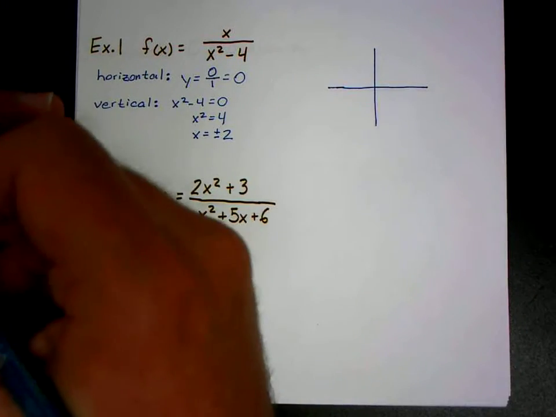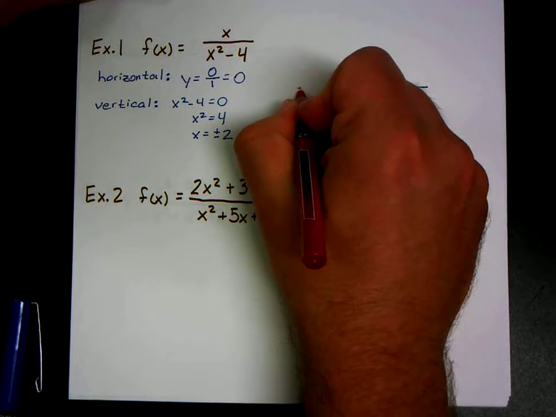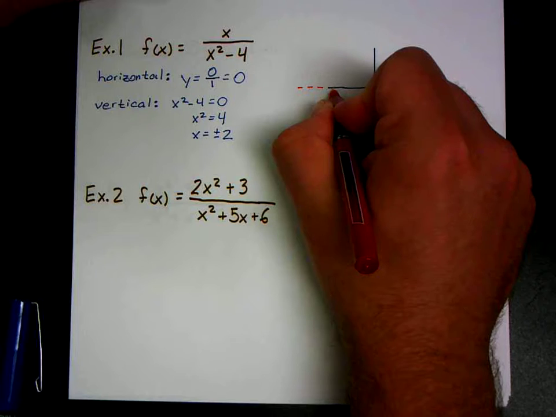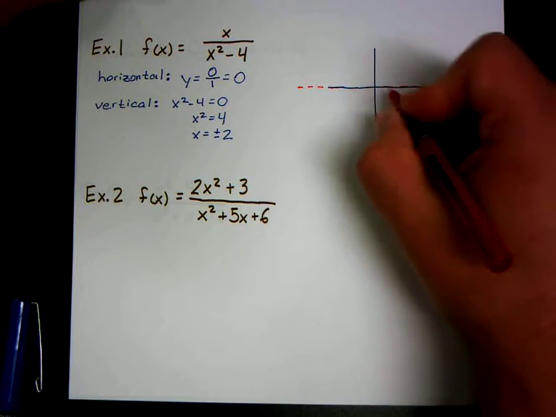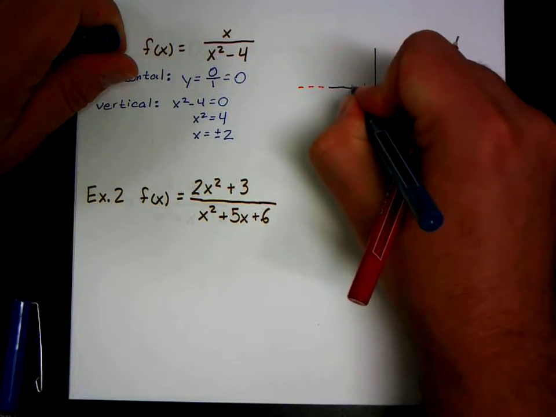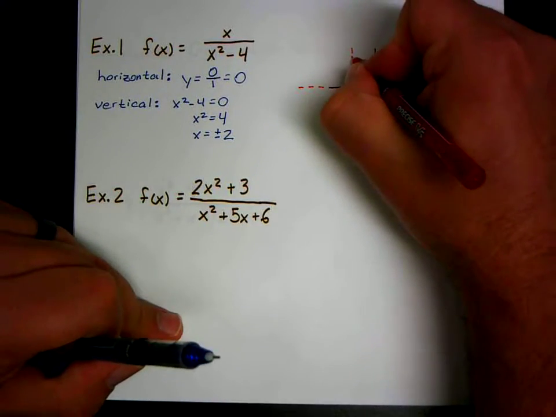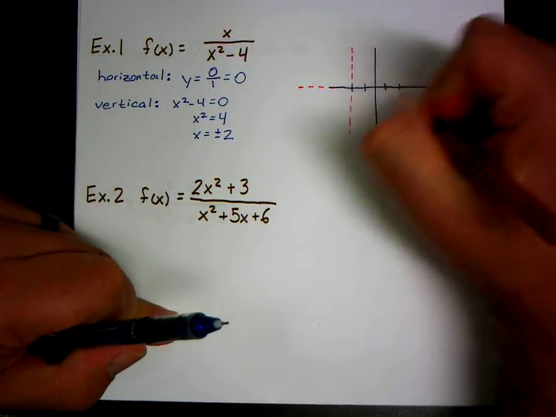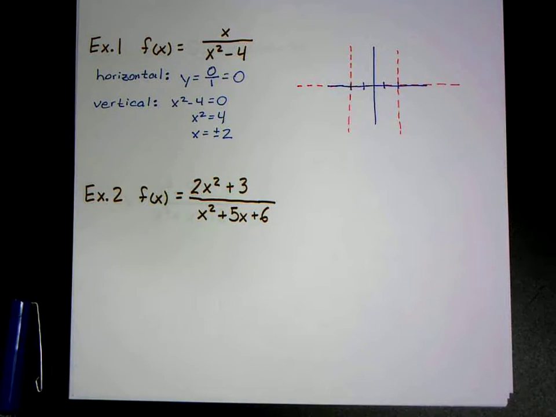Okay, now it's going to ask you to graph. Whenever I ask you to graph, what I'm going to request that you do is draw in the asymptotes. Let's see, 1, 2, 1, 2. And then just give me a guess of what you think it looks like.